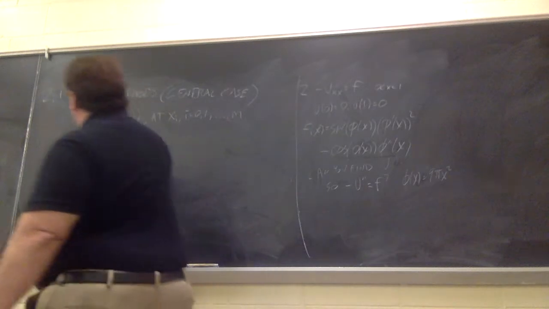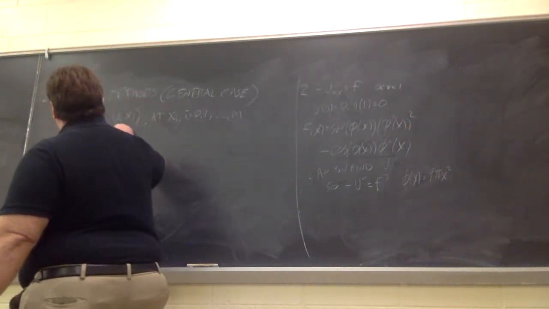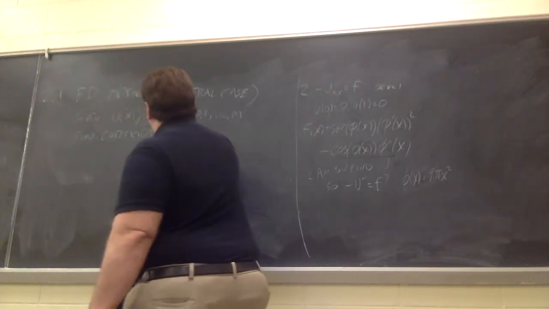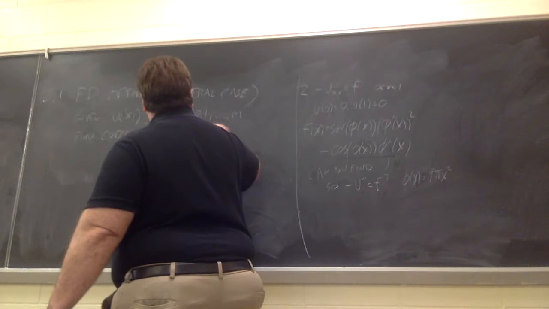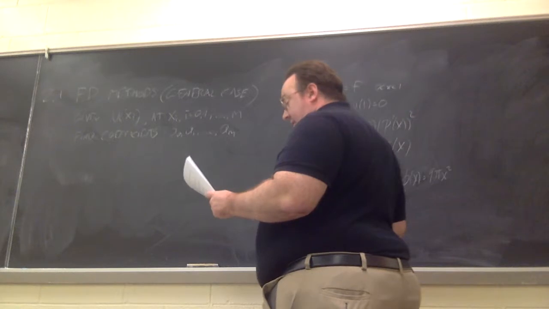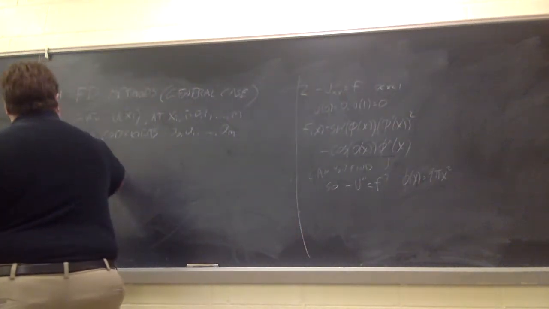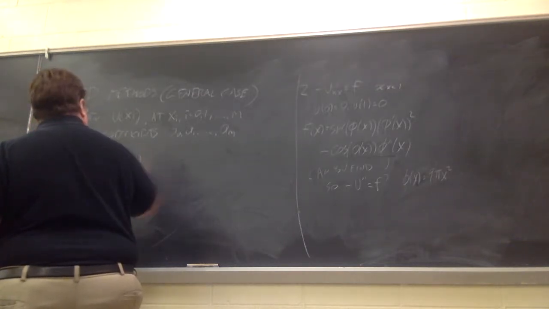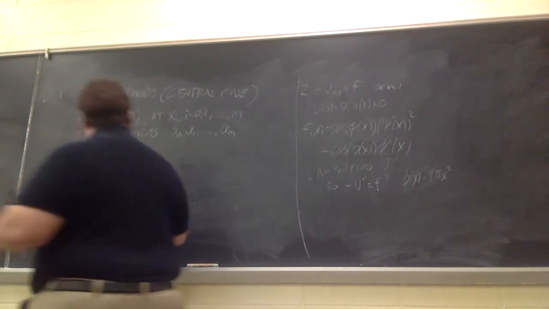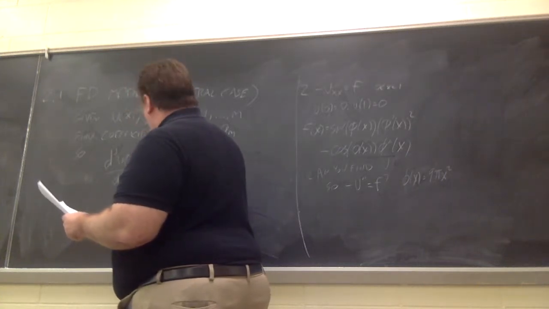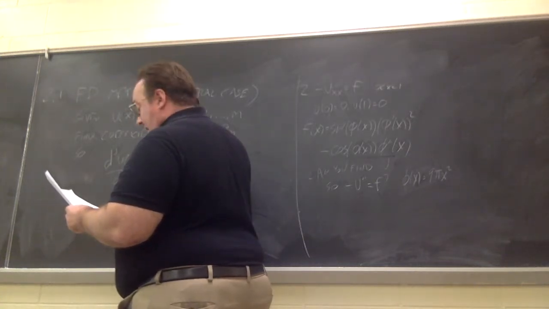So we'll find coefficients. However many points we have, the same number of coefficients, so that some derivative of u at x naught is accurately approximated by this linear combination of these values of u.